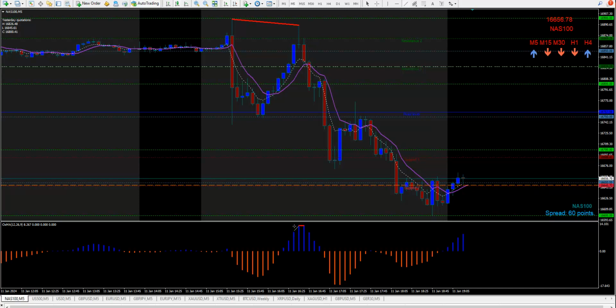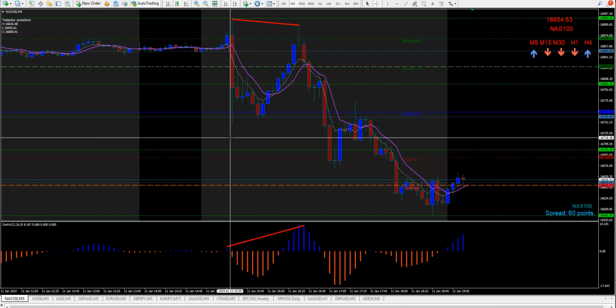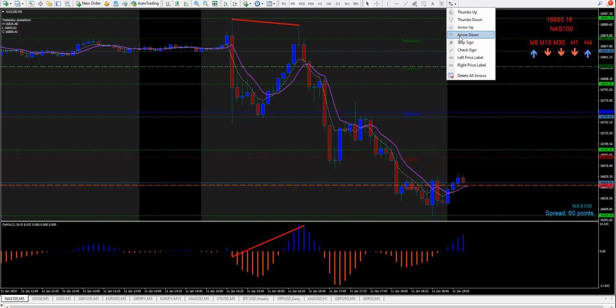It got in right here down to this little blue doodah, I think it is. Still divergent, even if I draw it to the low of this bar on the OSMA histogram. So we would have got short.